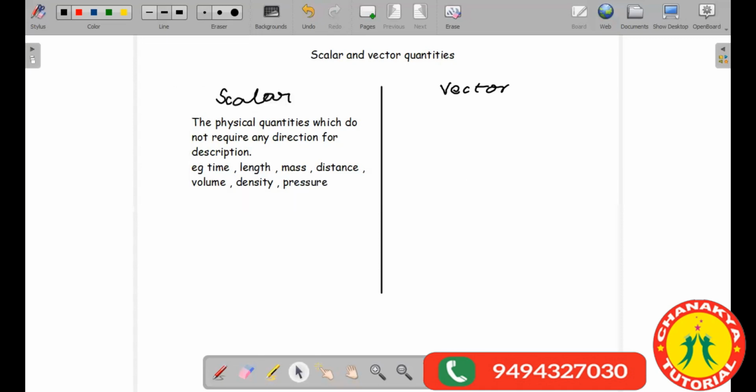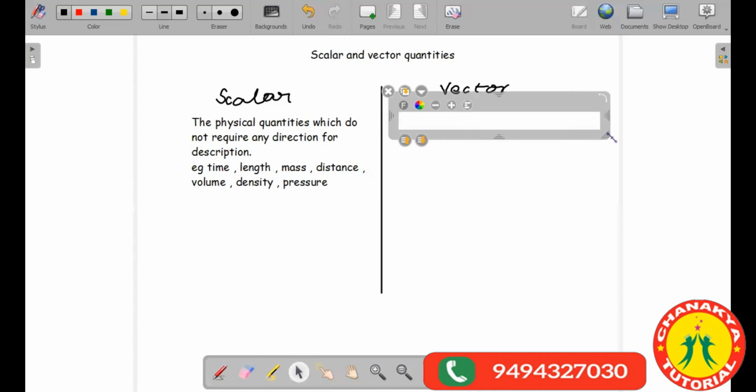Then we have some vector quantities. Vector quantities are the quantities which have direction, which require some direction for their description. For example, can you give me some of the examples? Sir, force. Force, very good. Displacement. Yes, displacement. And velocity.